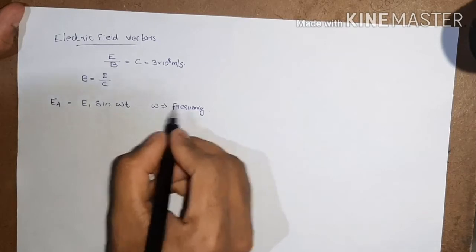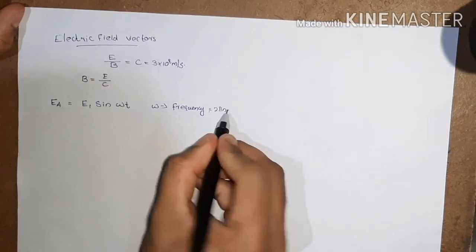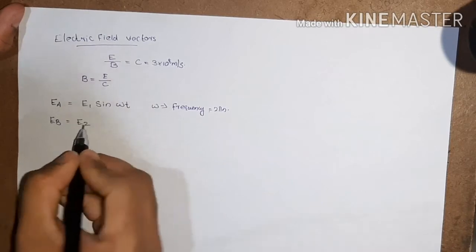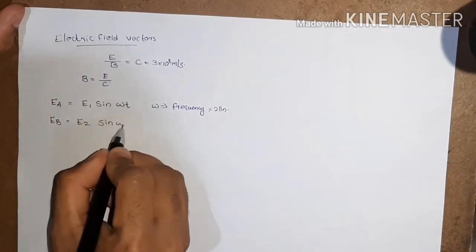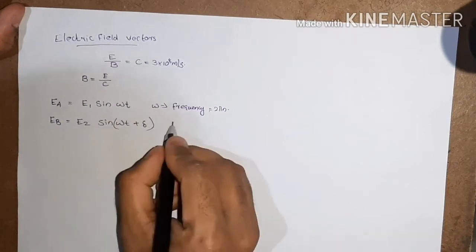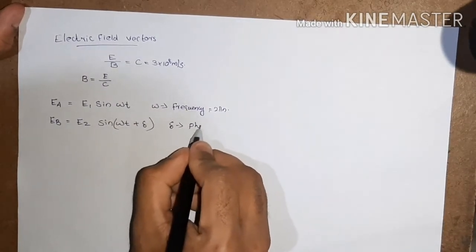And the second wave Eb is equal to E2 sine omega t plus delta, where delta is the phase difference.